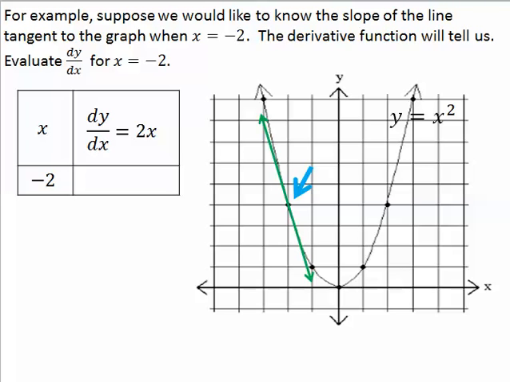For example, suppose we would like to know the slope of the line that is tangent to the graph when x equals negative 2. The derivative function tells us what the slope is. All we need to do is evaluate the derivative for x equals negative 2.